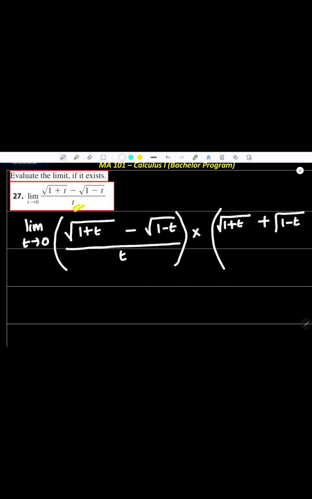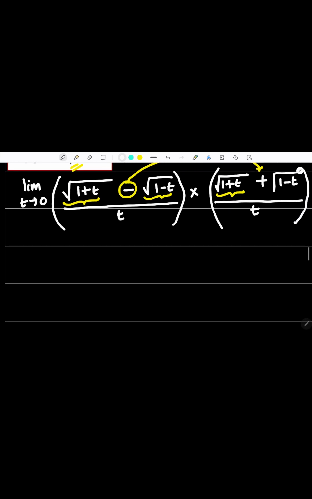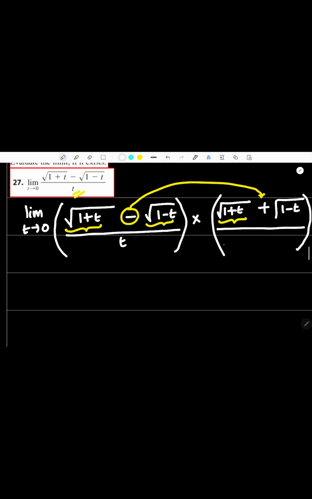You are going to change only this minus, you are going to make it plus, remaining all same. Let me do the numerator part and then I'll come back to the denominator. Oh, sorry, again I'm making mistakes. Same number you have to put, 1 plus t plus square root of 1 minus t.